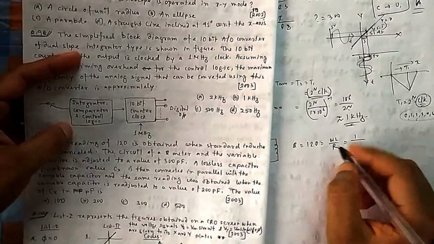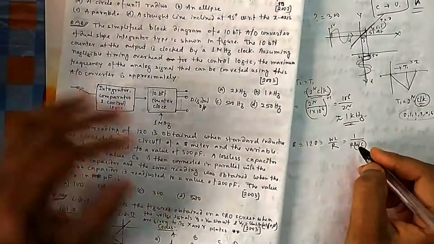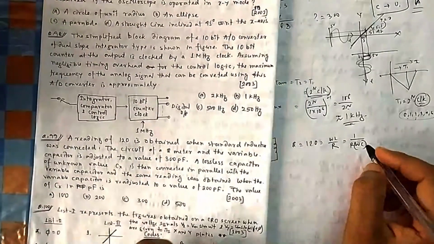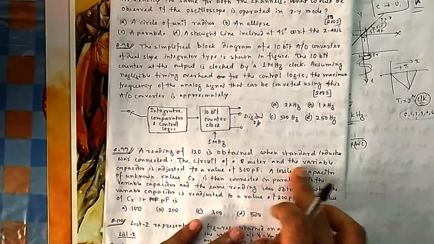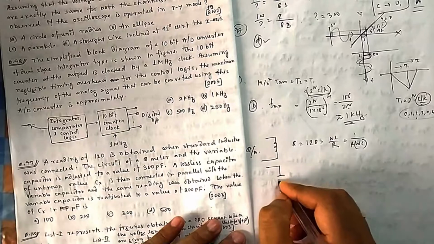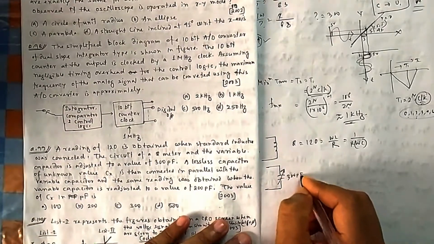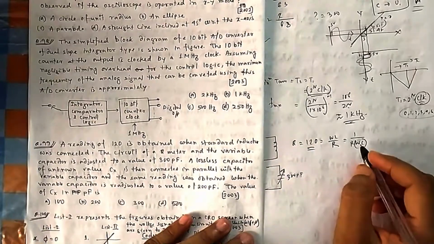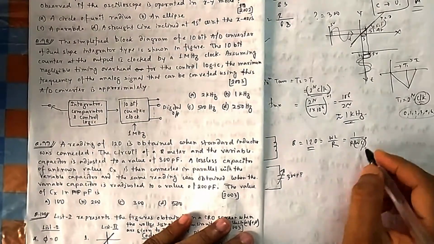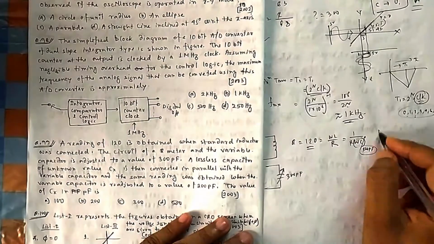What is the Q for the inductor? Omega L by R, that is XL by R, and in case of a capacitor it will be XC by R, omega CR. The same reading is adjusted. You can see the circuit of the Q meter with the variable capacitor. Its capacitance is adjusted to 300 picofarad so that the reading remains 120.